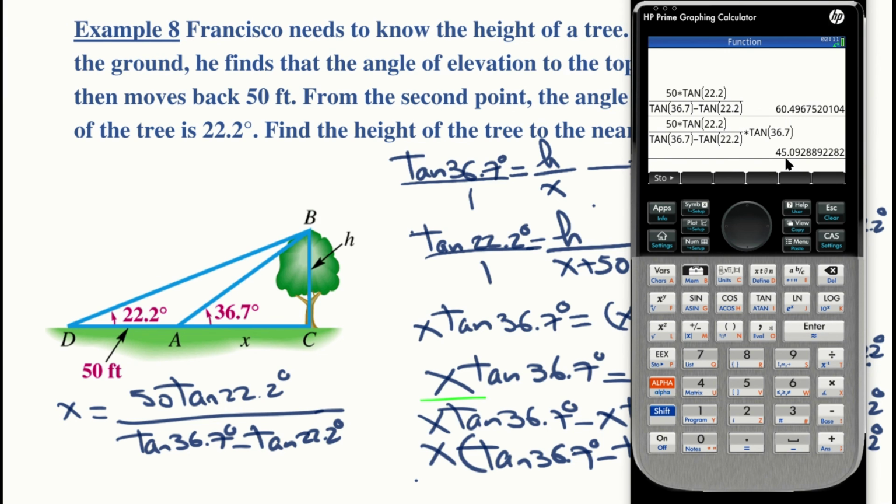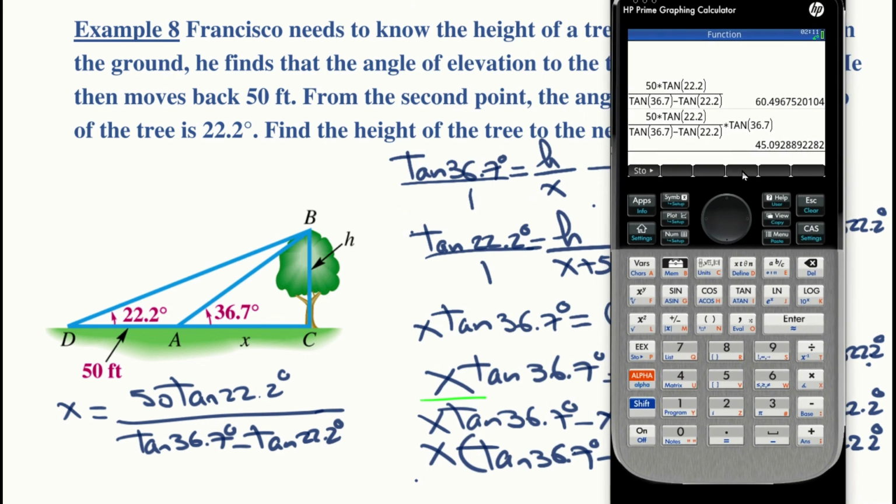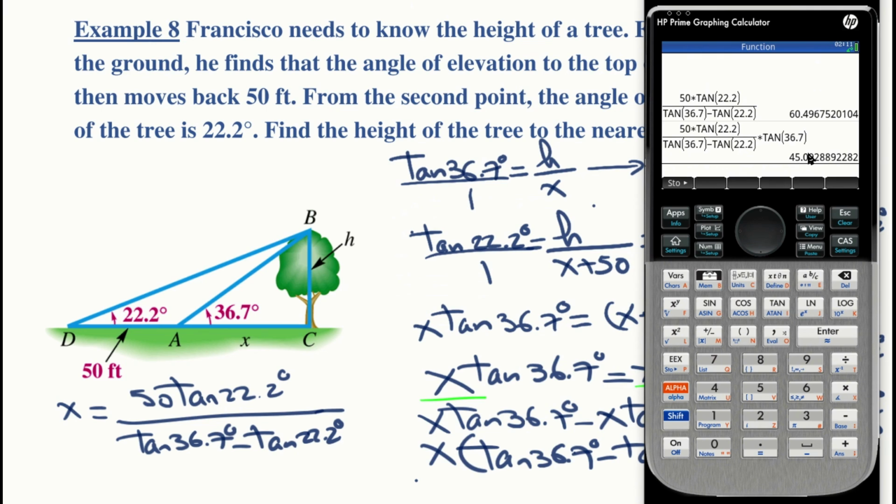All right, so now we see that. And they want us to find the height to the nearest foot in the instructions. So to the nearest foot, it's going to be around 45 feet.